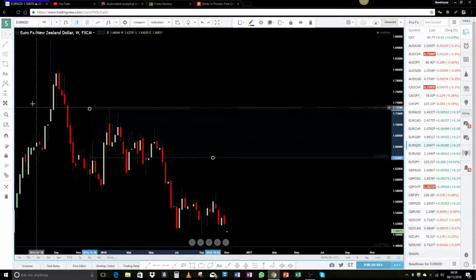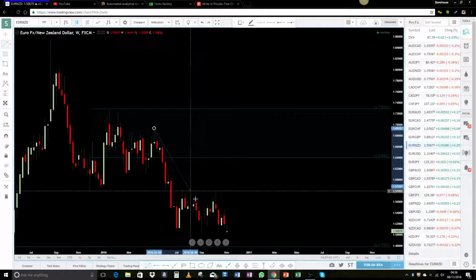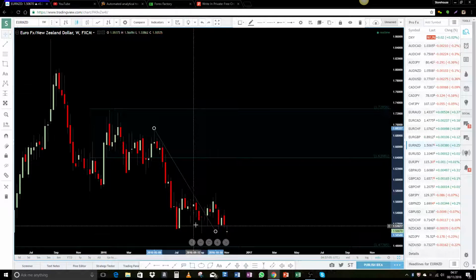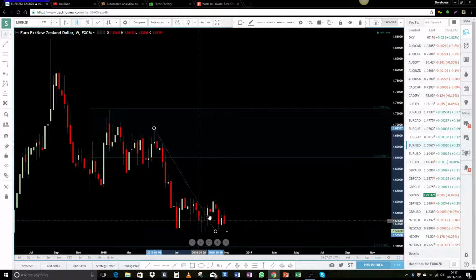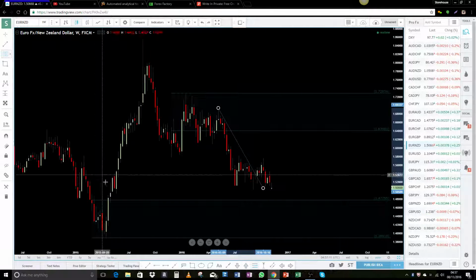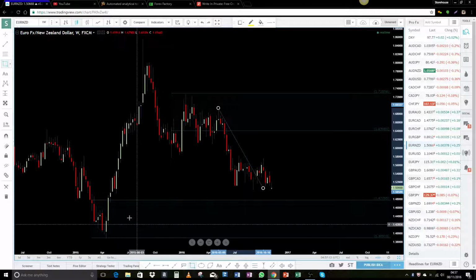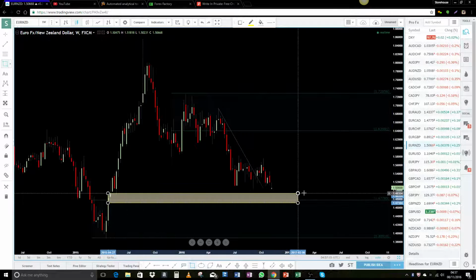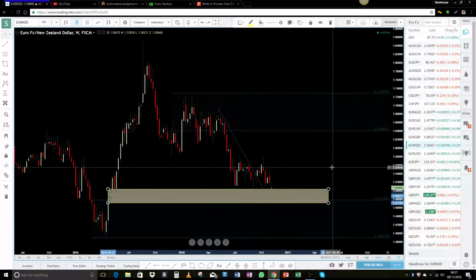On looking at the weekly view, we can see that at the time, what we had was this momentum coming down, and we don't really have any clearly defined demand zone below. But what was happening was this area on the weekly was what was holding price down.